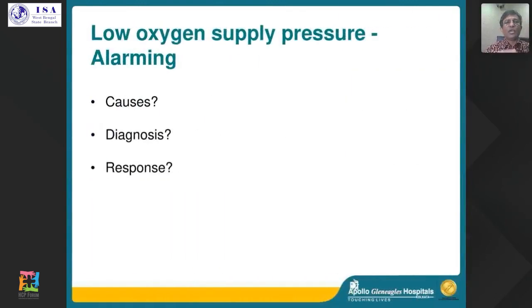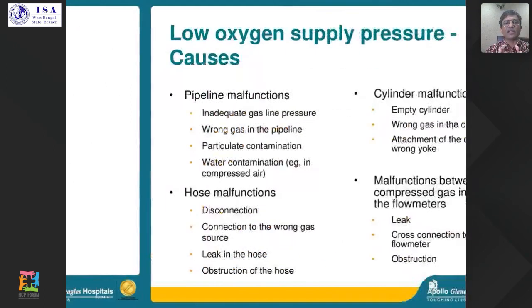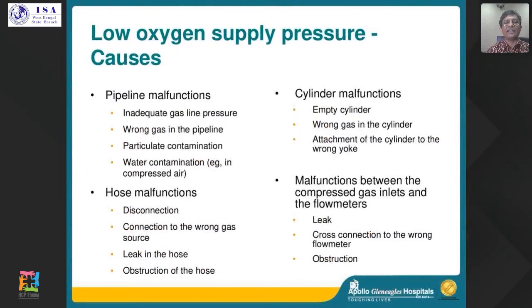Now you have a situation in the operating room where the low oxygen supply pressure is alarming. What could be the causes? How will you diagnose what is going wrong, and what should be your response? The causes usually have to do with the pipelines: inadequate gas line pressures, contamination.